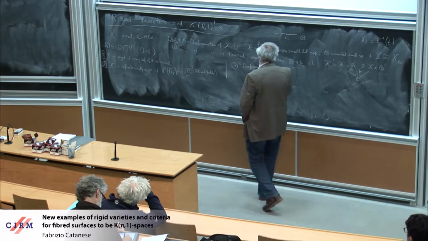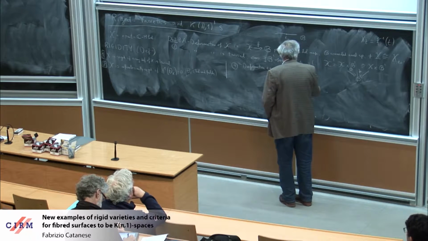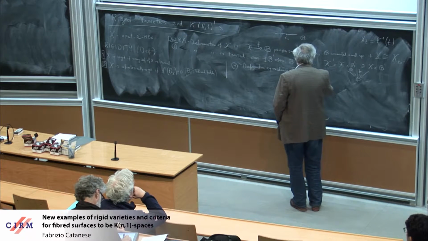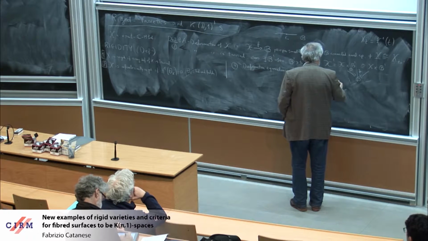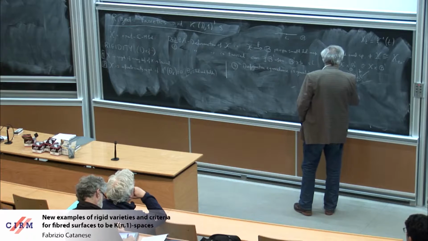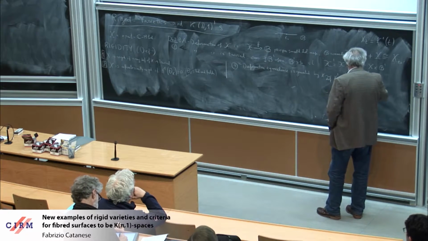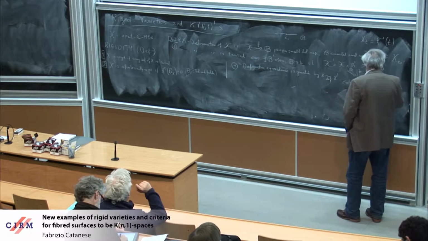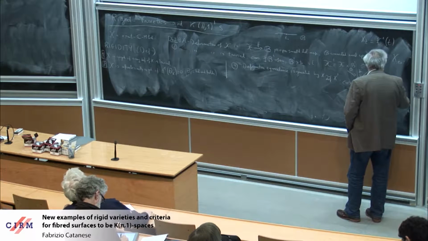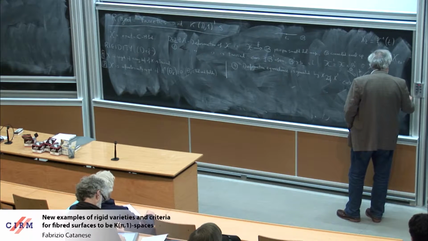X is deformation equivalent to X prime if there exists a deformation of X and t prime in B such that X prime is isomorphic to the fiber over t prime.